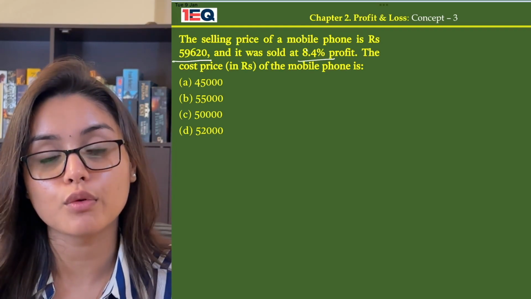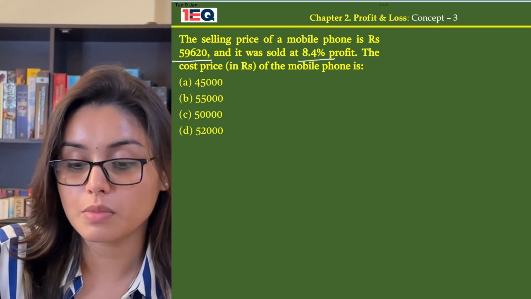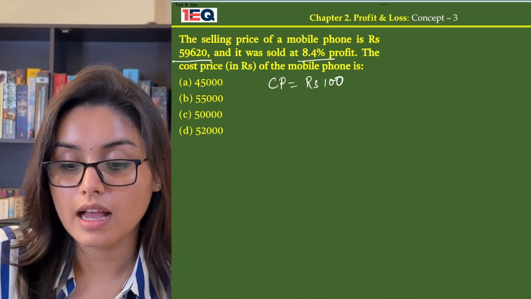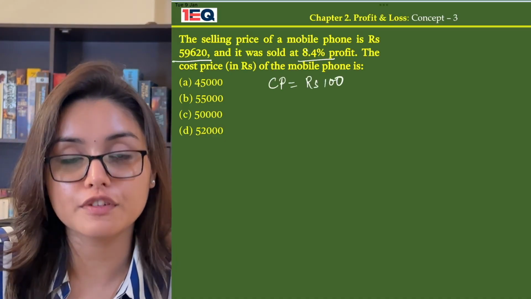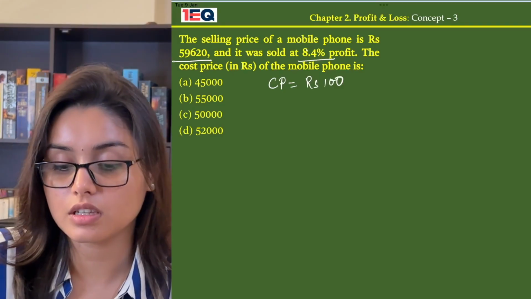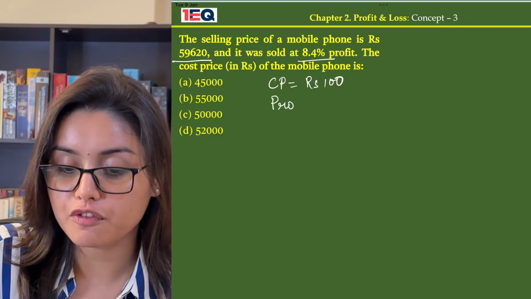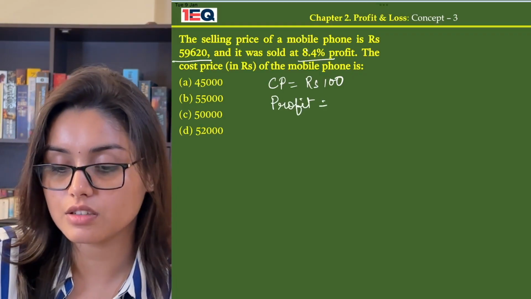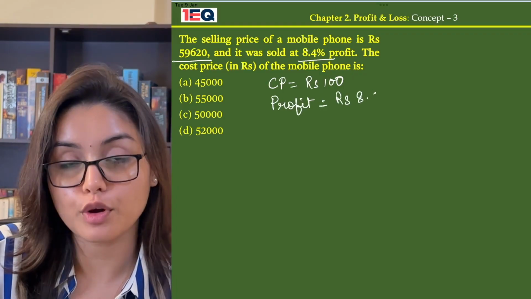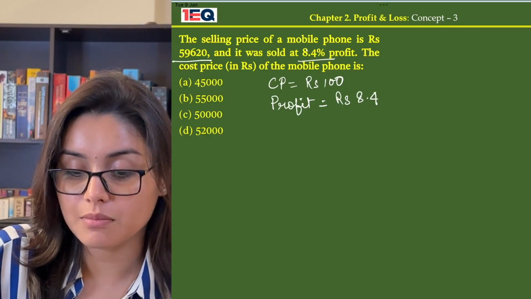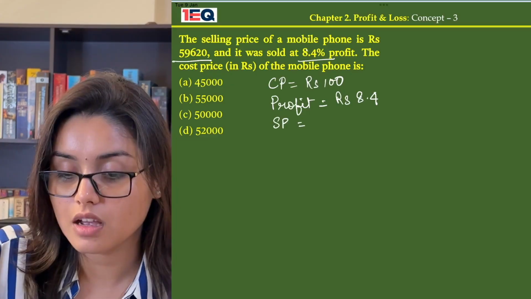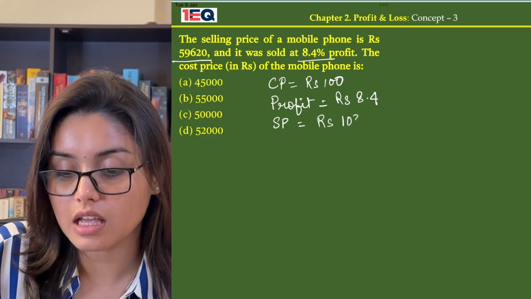Assuming I bought the phone at rupees 100, my cost price becomes rupees 100. And considering the profit percentage given in the question is 8.4, my profit amount will be 8.4% of 100 rupees, that is rupees 8.4. And then my selling price becomes my cost price plus profit, that is rupees 108.4.